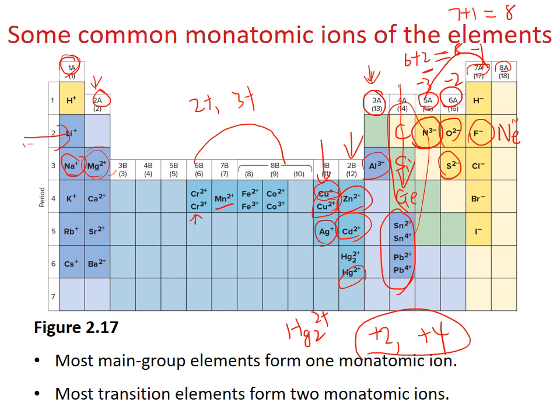Okay, so in summary, main group elements for metals, group 1, 2, 3, have charge equal to the group number. Non-metals 5, 6, 7 have negative charge, and their charge plus group number equals 8. So nitrogen 3 negative, oxygen 2 negative, fluorine 1 negative.